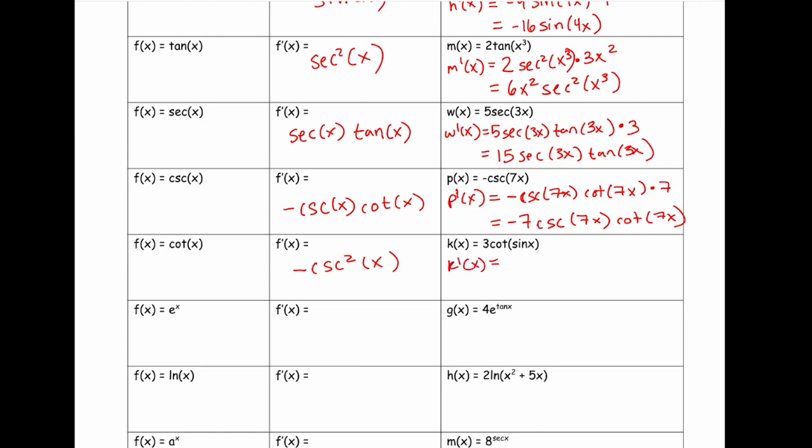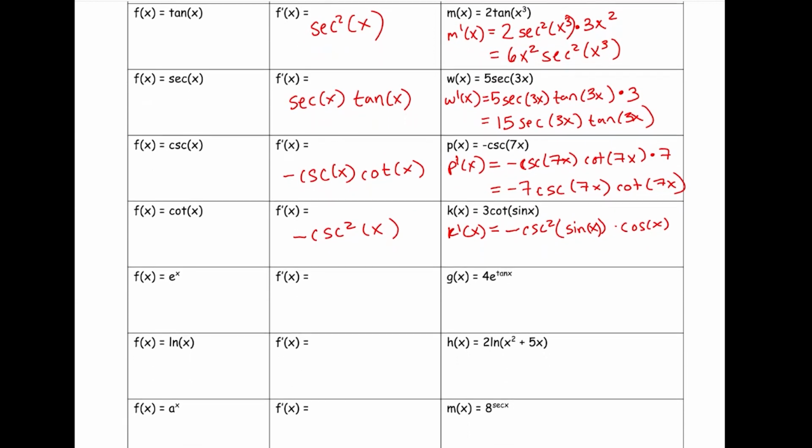K prime x, or the derivative of k, is going to be negative cosecant squared of sine x times the derivative of sine x, which is cosine x. And there's not really much you can do to simplify this, so we're going to leave it like that.